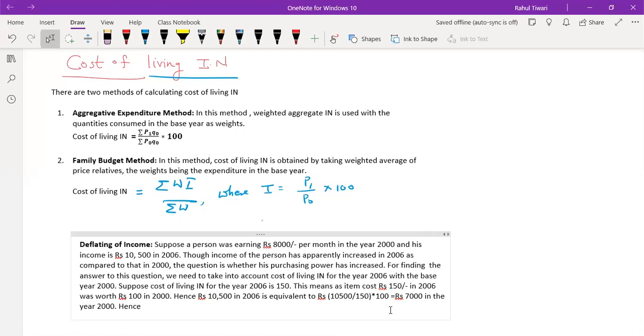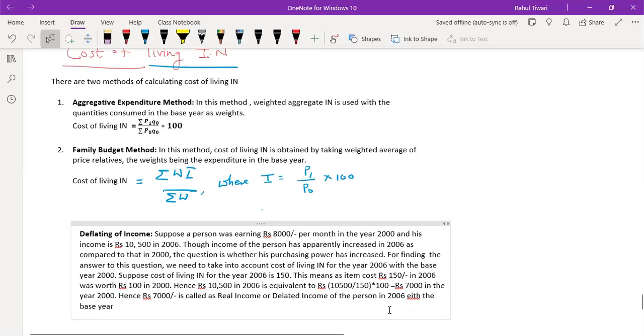And hence rupees 7,000 is called the real income or deflated income of the person in 2000, with the base year 2000.